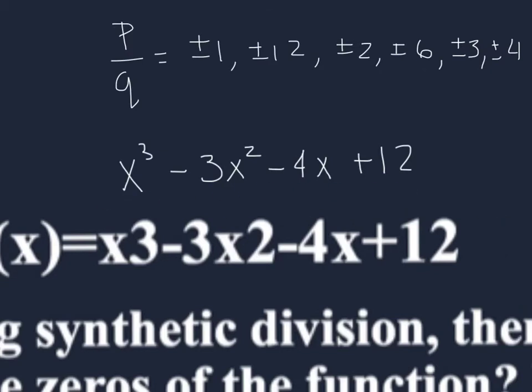So again, we list out all the factors for our constant over the factors of our leading coefficient. Our leading coefficient here would be over plus or minus 1, but we essentially don't have to list that. The factors for the constant in this case are enough.